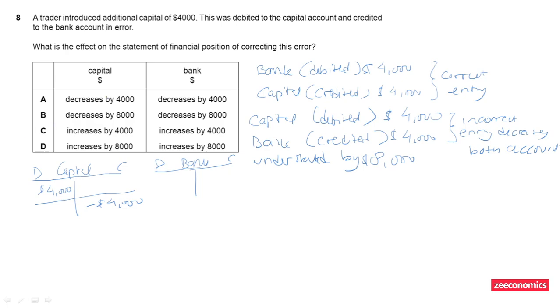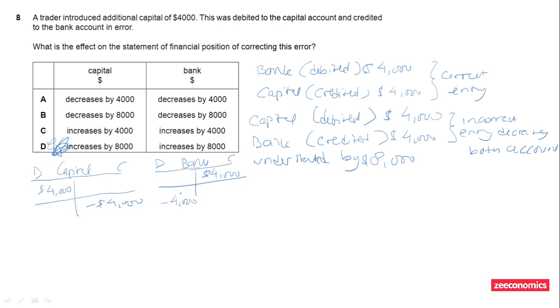And the bank is being credited for $4,000. Therefore, the final balance of the bank will be minus $4,000. The same as capital, the normal balance for the bank is actually on the debit side because bank or asset increases on the debit side.